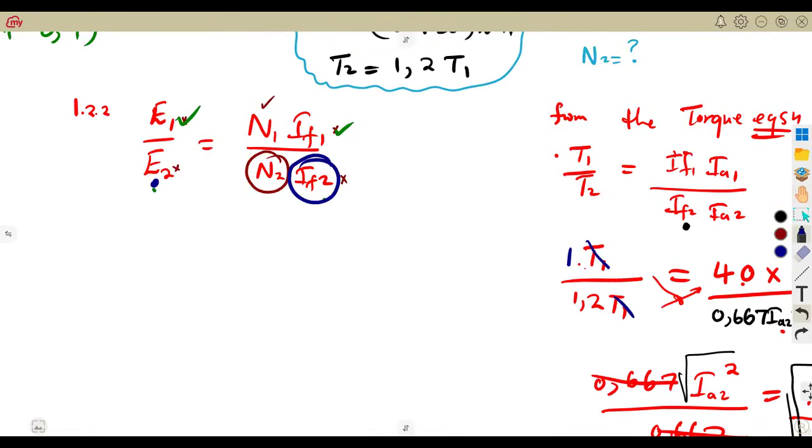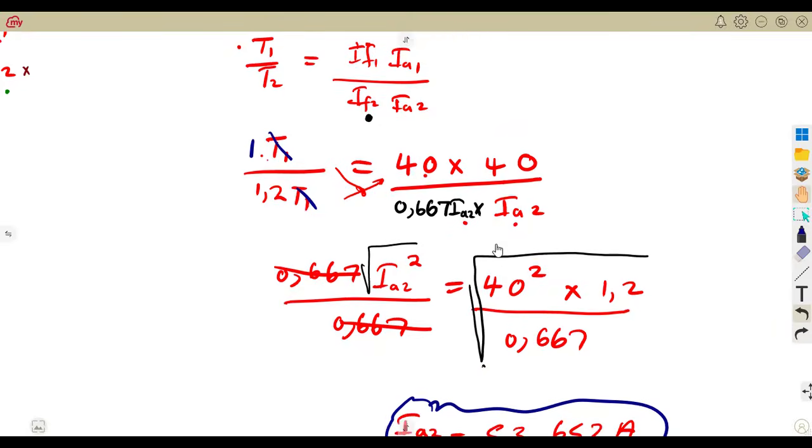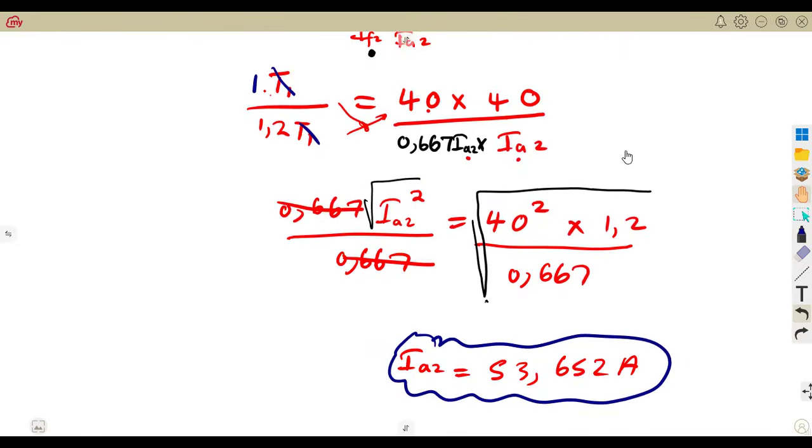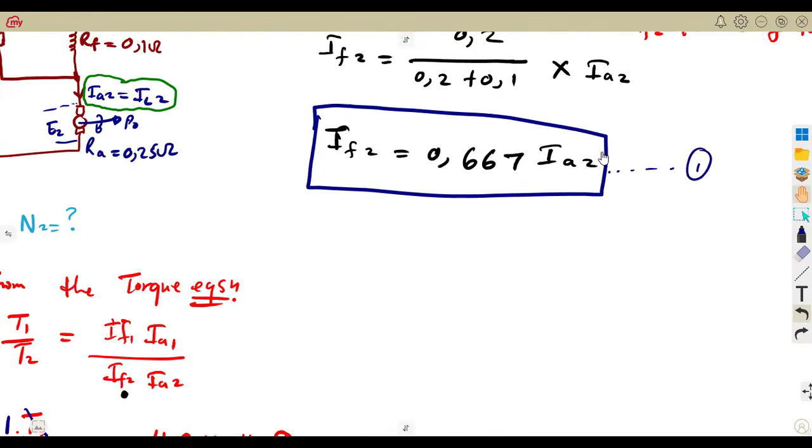These two depend on that armature current. How so? This is our armature current. Remember from equation 1, we wrote IF in terms of armature current, so it can be calculated now. It depends on that, so you see where that plays a role. From the armature current, two things are going to be calculated.